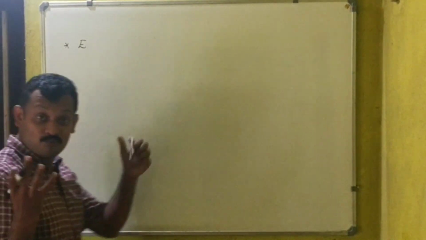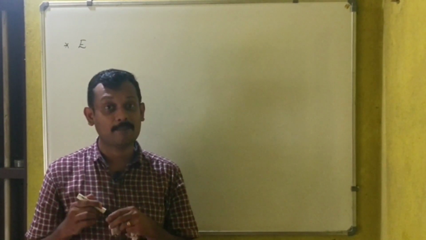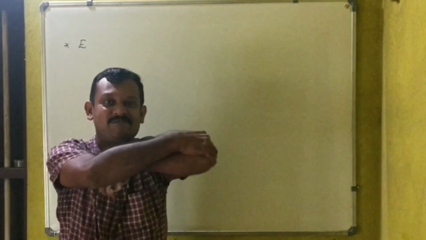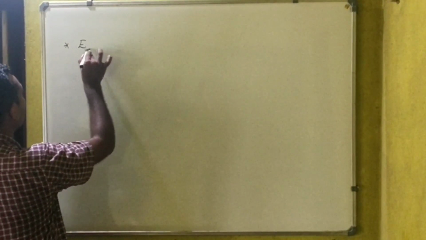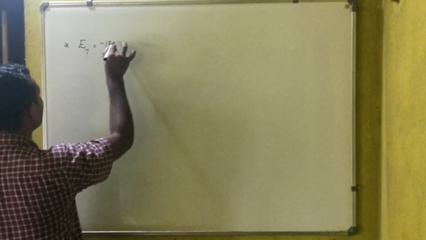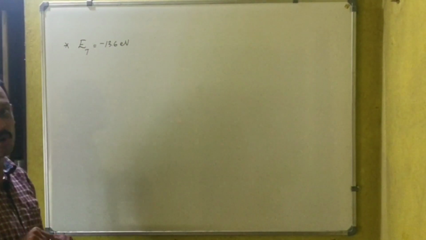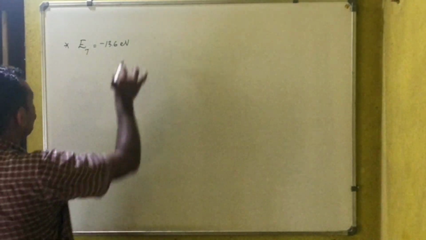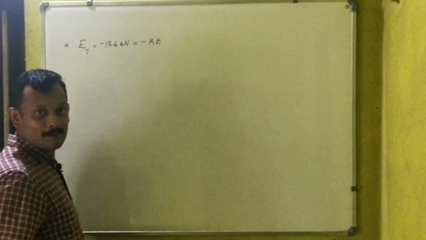That means how much energy I have to supply in order to separate hydrogen atom into electron and proton? Already the energy with which they are bound, right? So I can say total energy for hydrogen atom is minus 13.6 electron volt. I put this minus only because the force is attractive. That is equal to minus kinetic energy, right?